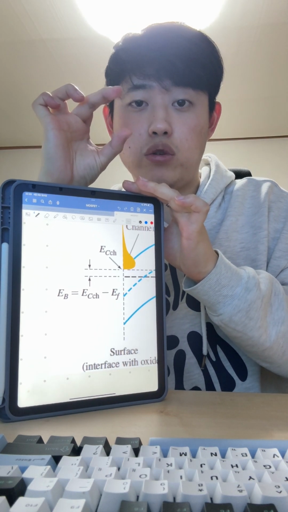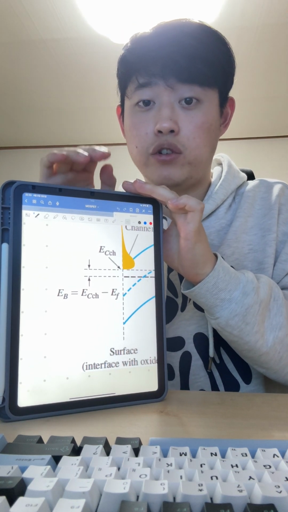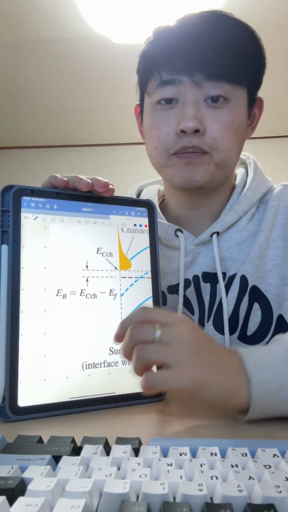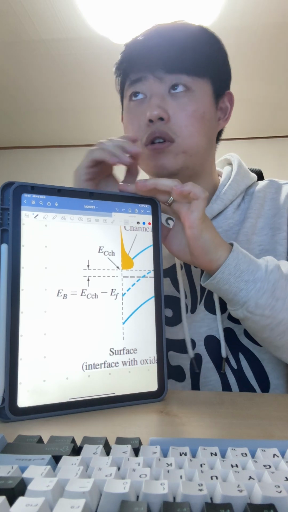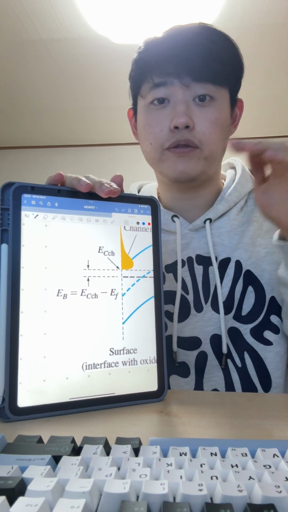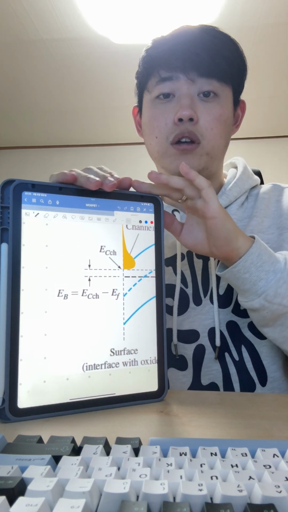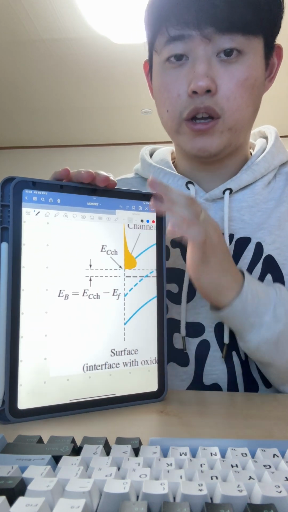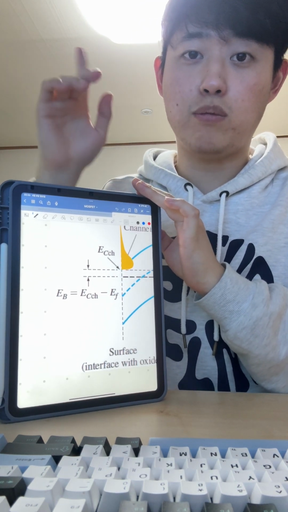If this is shorter, the electron concentration is larger, because the Fermi level comes closer and the electron concentration is higher.